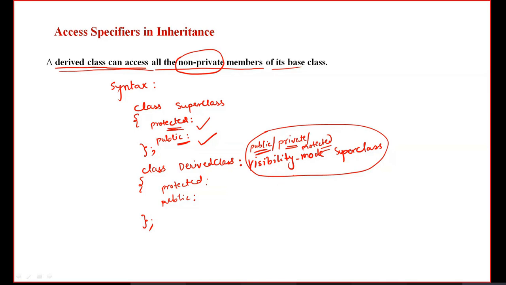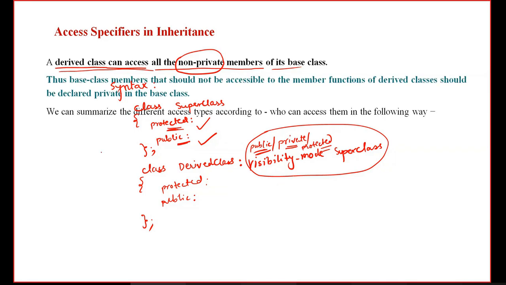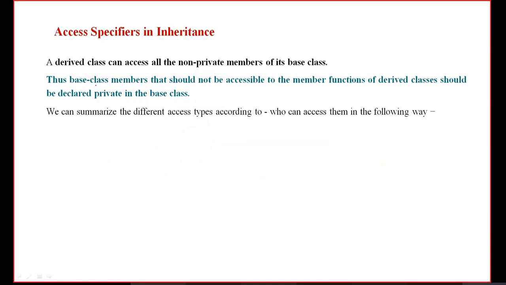Okay. So the base class members that should not be accessible to the member functions of my derived class should be declared as private in the base class. Simply put, if I want certain base class members to not be accessible to the member functions of the derived class, then such base class members must be declared as private in my base class.